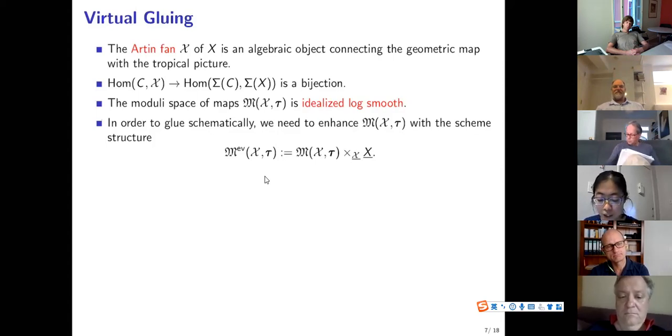But in order to talk about gluing, we need some modification of this space, because right now the Artin is a static object and we do not have the scheme structure on it yet. So first we try to enhance it with the scheme structure.